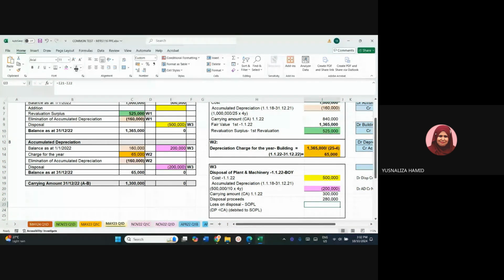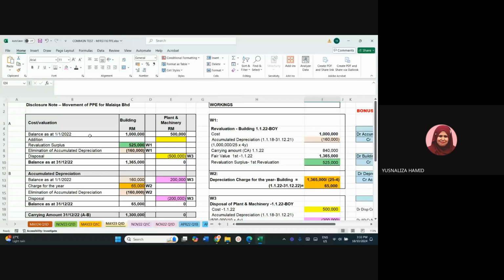And that loss on disposal, it does not affect the movement. It is going to be shown in the SOPL since the proceed is less than the carrying amount. So the loss of 20,000 will be debited to the SOPL. So it is not going to be debited or included in the notes.